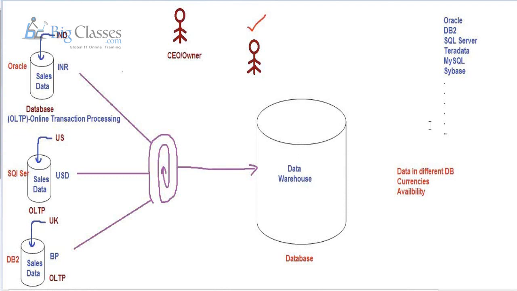But in this new database, we are going to store a huge amount of data. As it supports huge amount of storage, we can call it a warehouse, and as we are going to store data, we can call it data warehouse. So that is what he said simply. We are going to take the data, convert the data, and keep that into the new database, which is going to be called data warehouse.